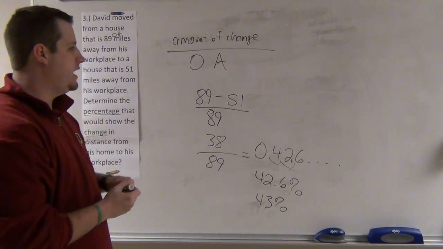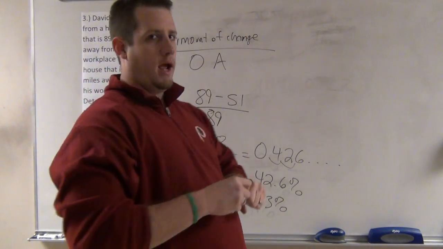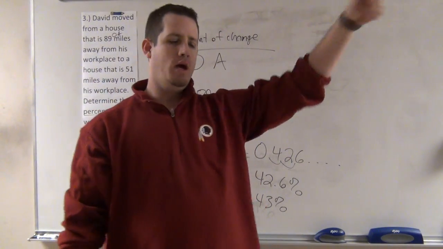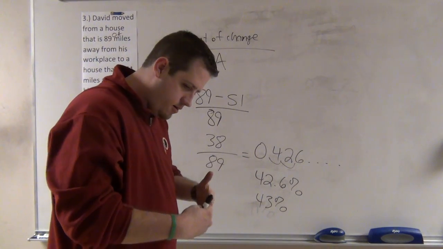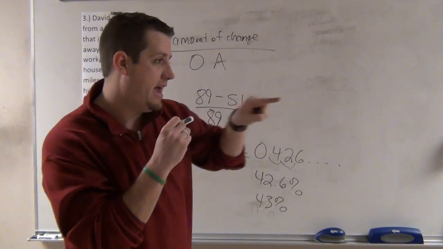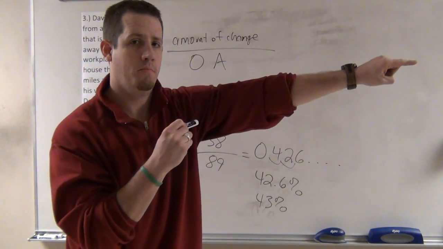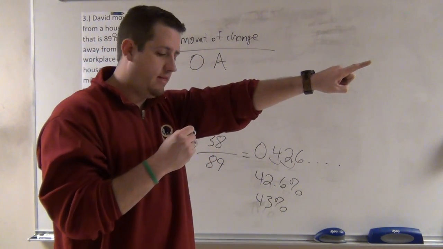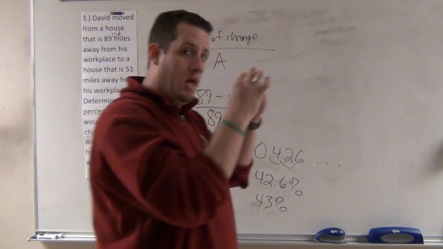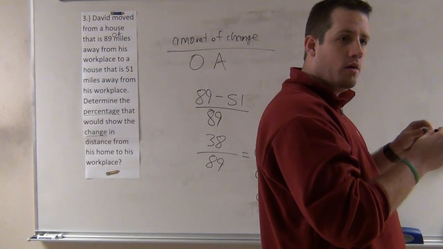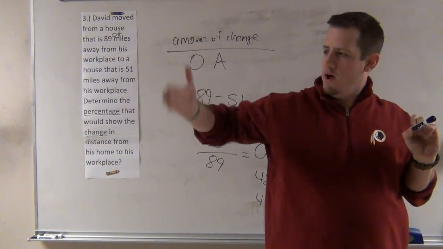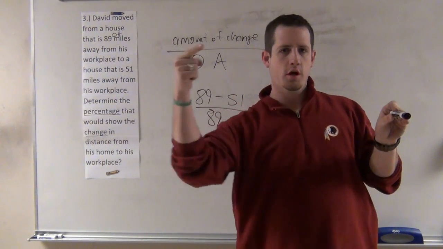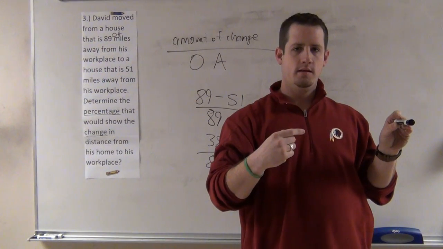Let's think about it. If I'm right here and I'm 89 miles from the workplace, and then I move to a home that is 51 miles from my workplace, if I was here and now I'm here, which one is closer to the workplace?